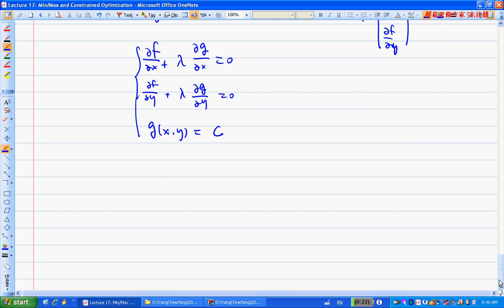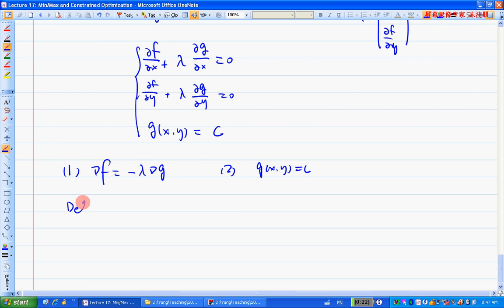So there's one very neat way to combine all this together in one function. Here's what you do. Let's consider number one is this del f equal to negative lambda del g. And number two is this constraint in here. Then we can combine that.